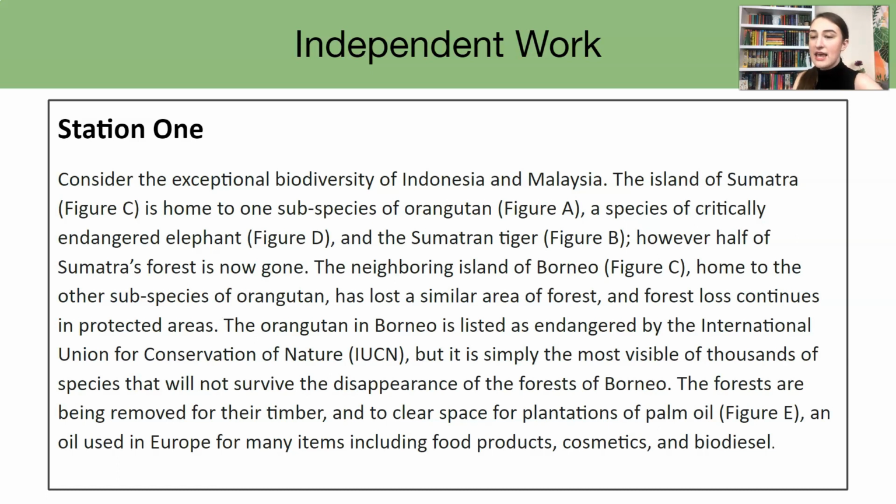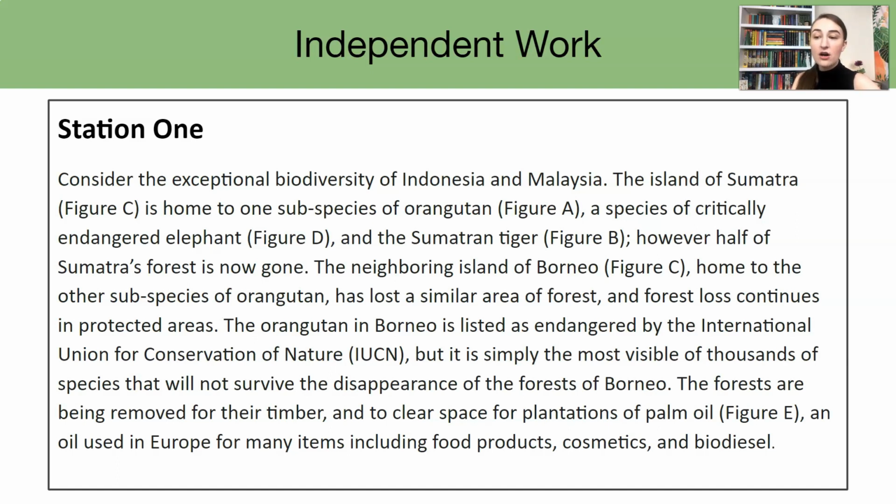The orangutan in Borneo is listed as endangered by the International Union for Conservation of Nature, the IUCN, but it is simply the most visible of thousands of species that will not survive the disappearance of the forests in Borneo.